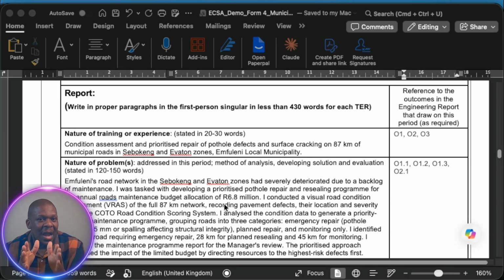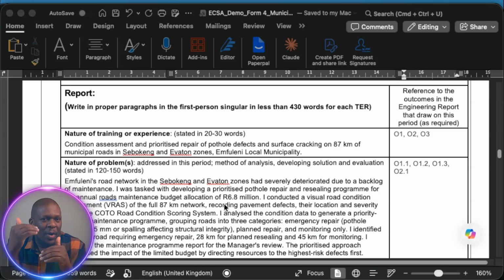Please note, I'm not saying that this municipality has that problem. This is just an example. They are having roads that are in poor condition. They have potholes, they have cracking surface. This can be anywhere within South Africa. It can be on national road, it can be on local road, provincial road. So it can be anywhere.